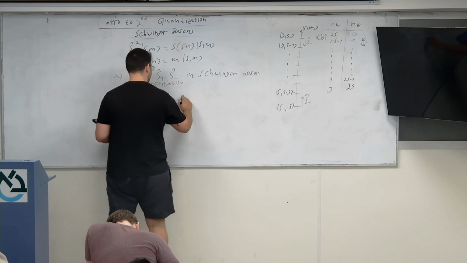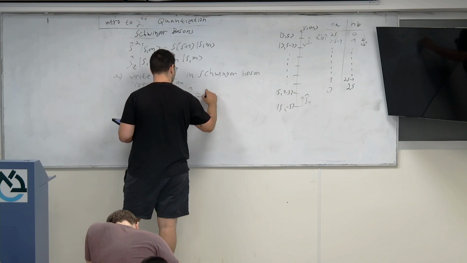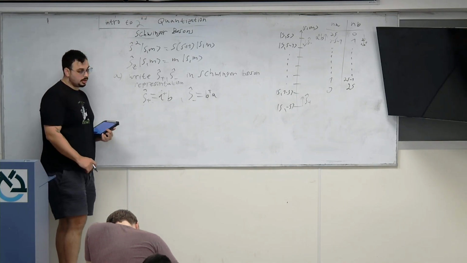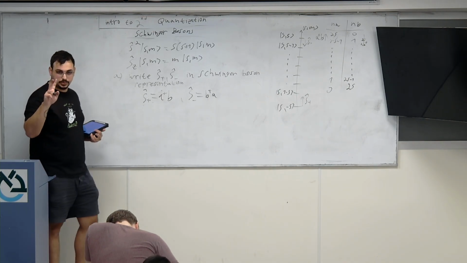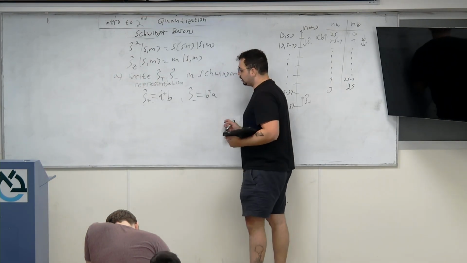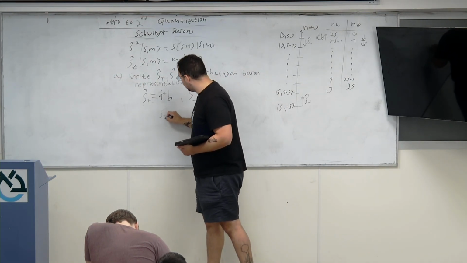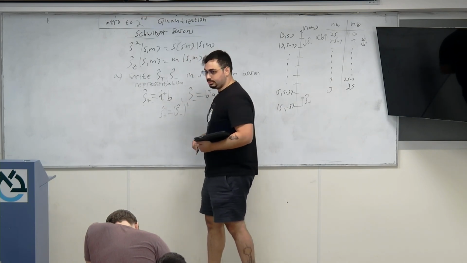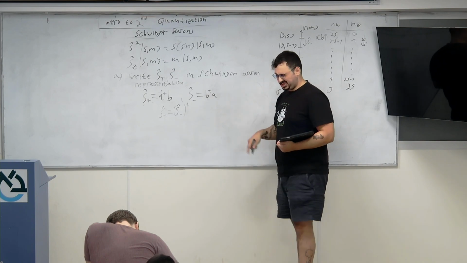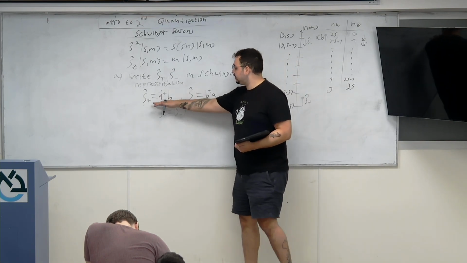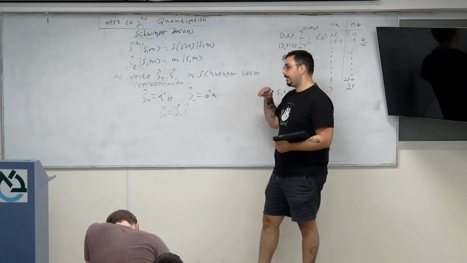S plus equals A dagger B, and S minus equals B dagger A. Two things to note here. First of all, we know S plus equals S minus dagger. This is from previous quantum courses, and we in fact see it here.